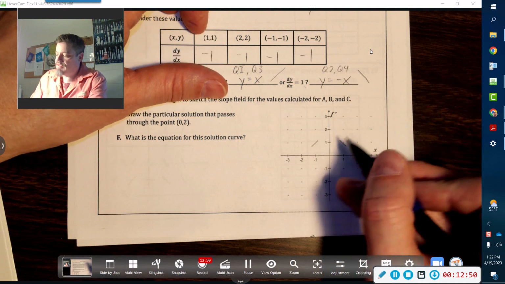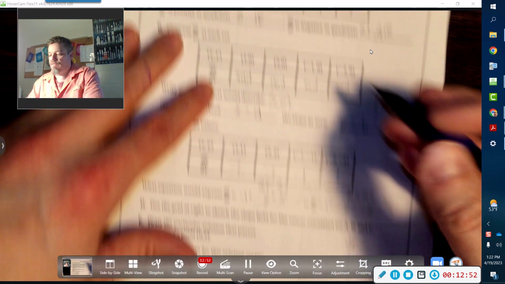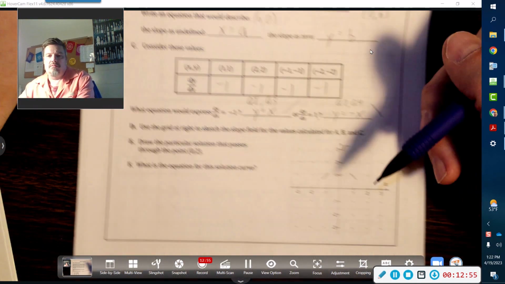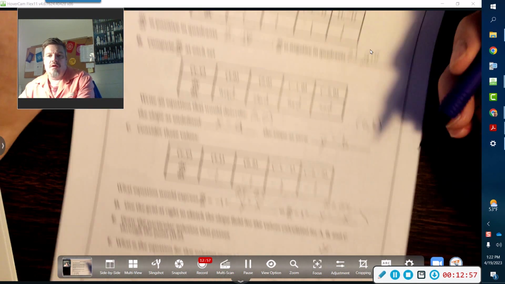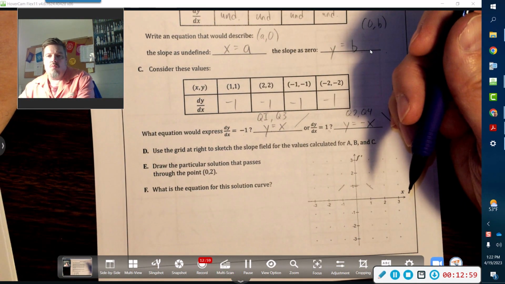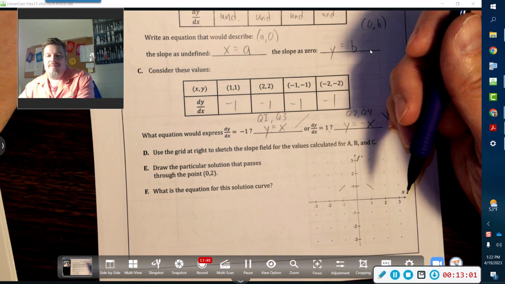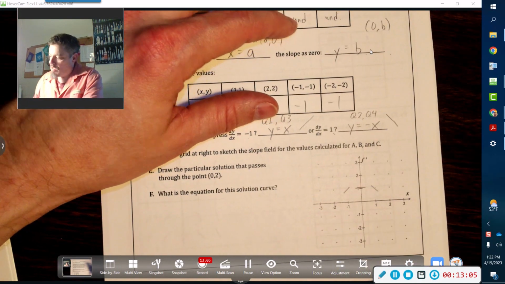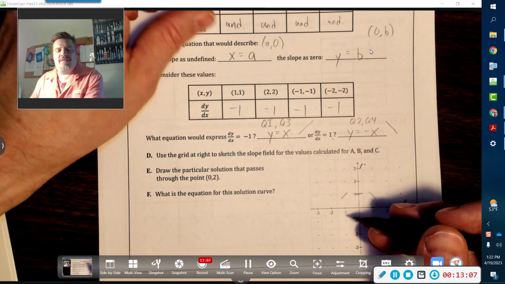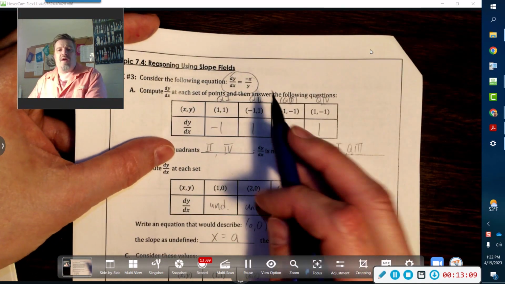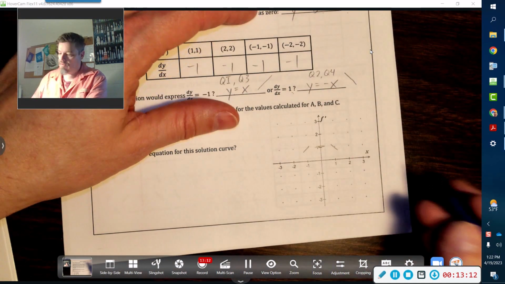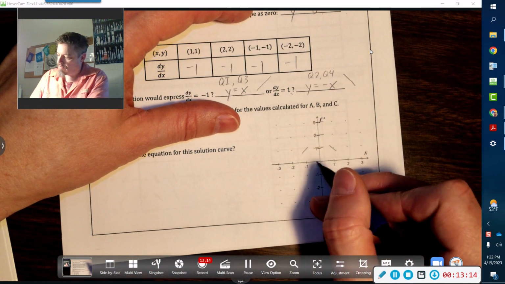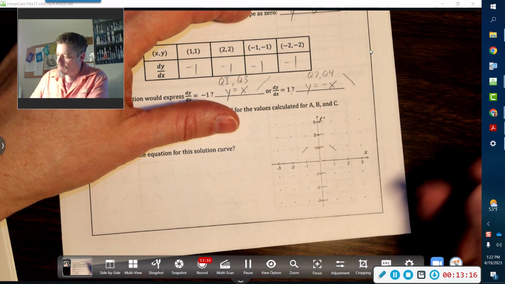At 0, 1, it's 0, and that's from this table. In fact, if you notice, if your x is 0, it doesn't matter what the y is, so it looks like we can actually fill these in.